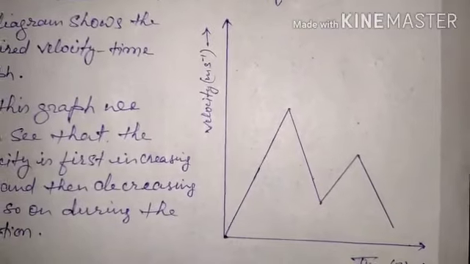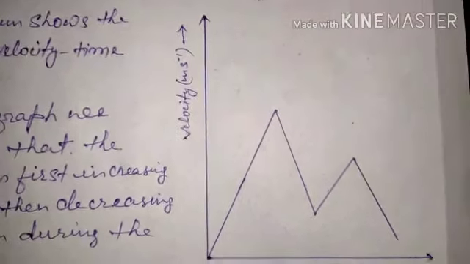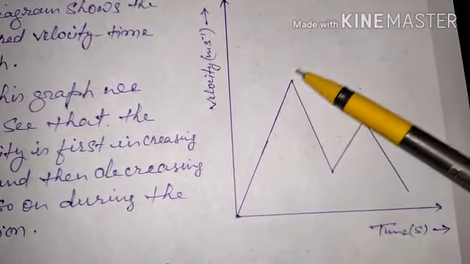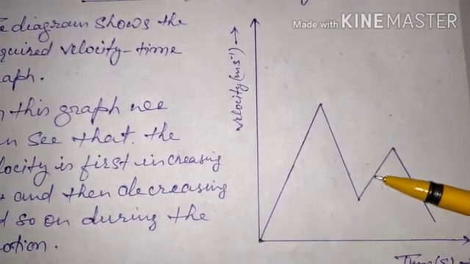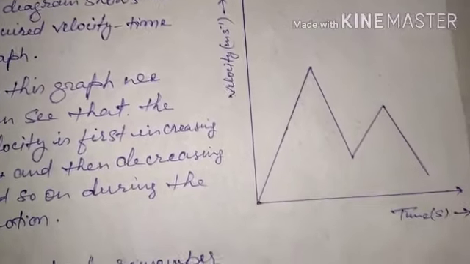You can observe and interpret from the graph why it is moving with non-uniform velocity. First the velocity is increasing, and then after some instant it starts decreasing, and then again it starts increasing, again decreasing, again increasing, decreasing.